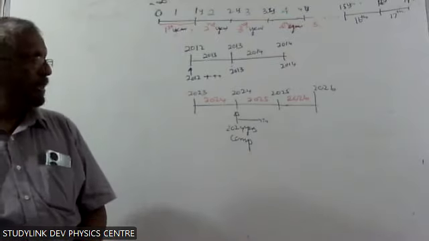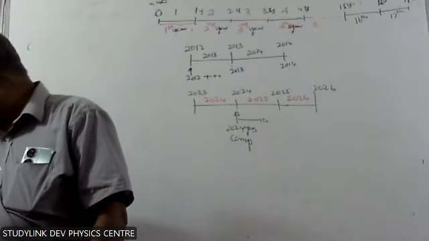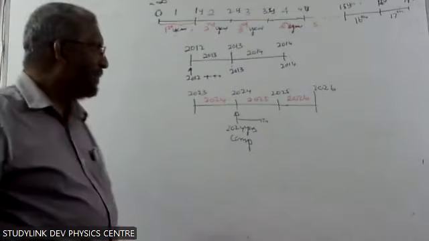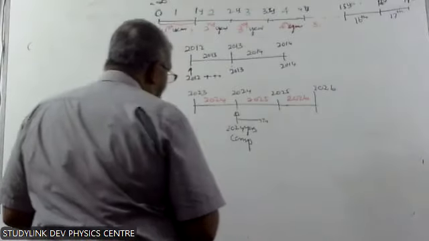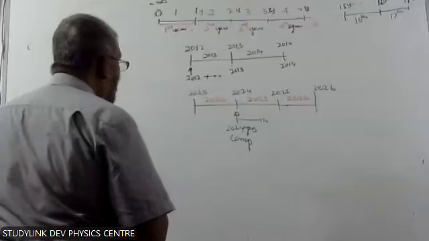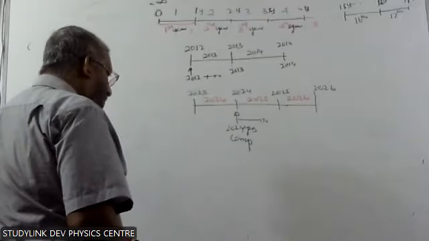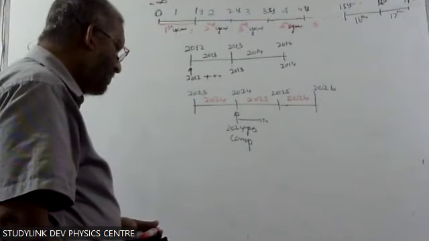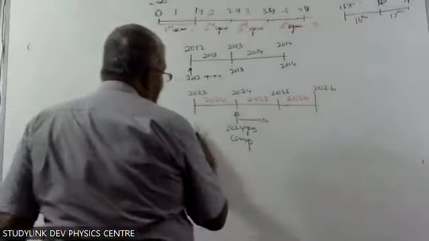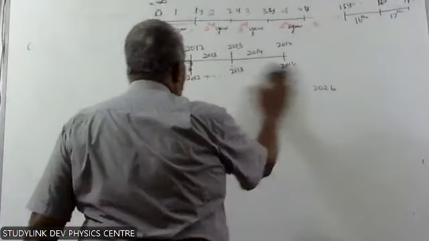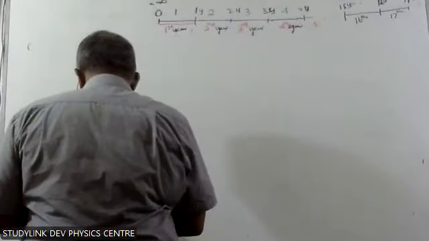Now I'll tell you something about the world. Do you know the millennium? Millennium means 1,000 years. 100 years is called a century.